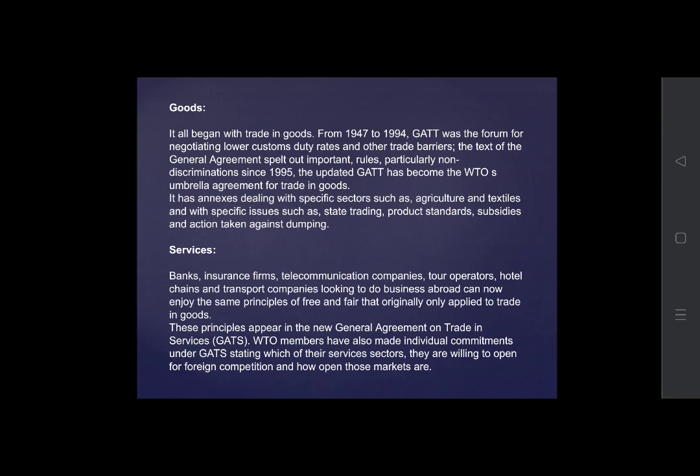Goods. It all began with trade in goods, from 1947 to 1994. It was formed to reduce national levels of customs duty rates and other trade barriers. The text of the General Agreement split out important rules, such as non-discrimination.